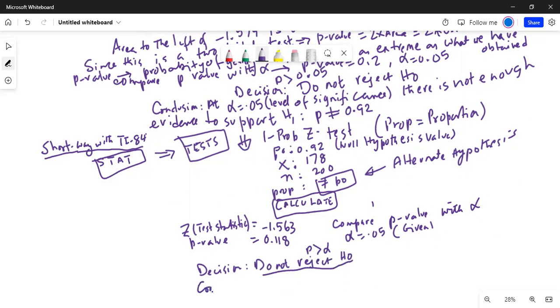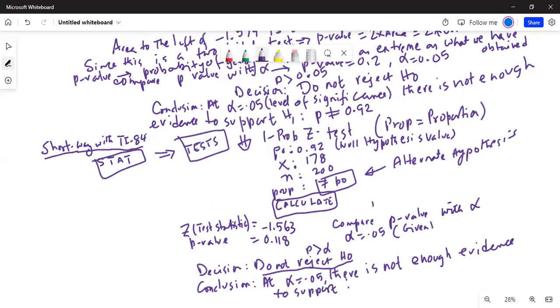And the conclusion is, at alpha equal to 0.05, there is not enough evidence to support H1, which states p not equal to 0.90.